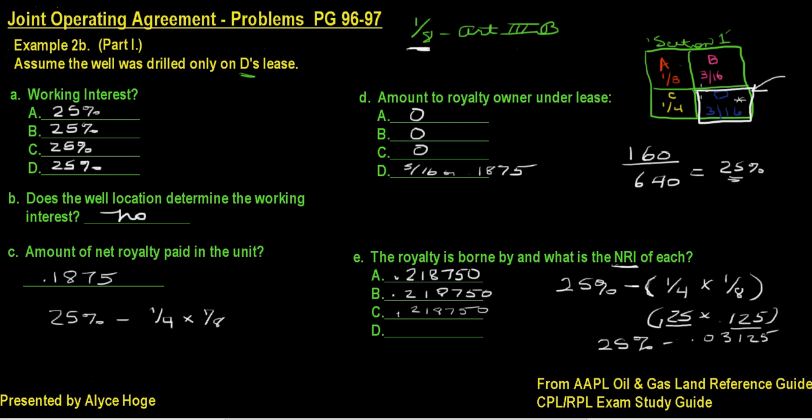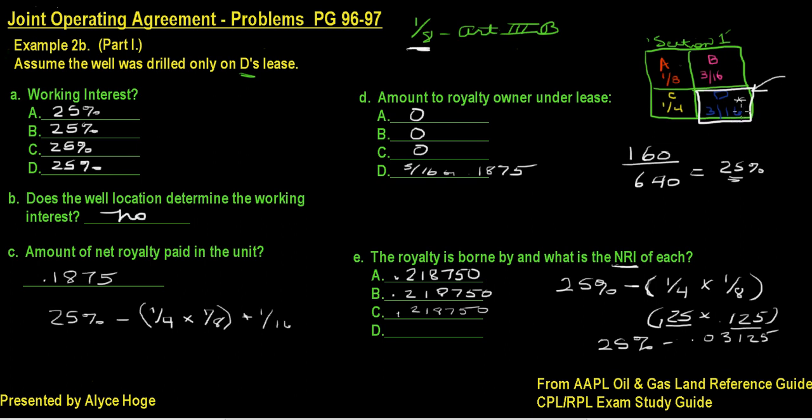When the lessee's royalty is on their land, in other words, that excess royalty is not shared, that's going to adversely impact D's net revenue interest. So they're going to have to do 25% minus the 1/4 times 1/8 plus this additional 1/16 that makes it a 3/16 royalty.